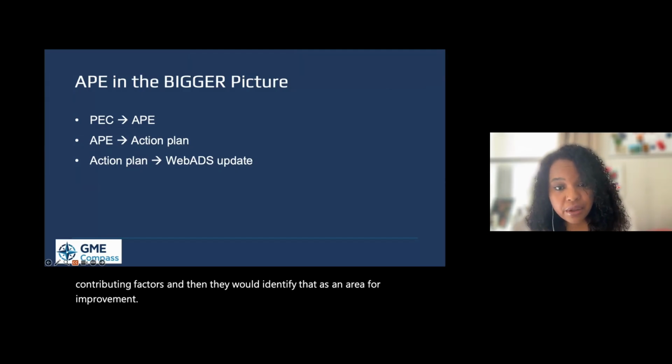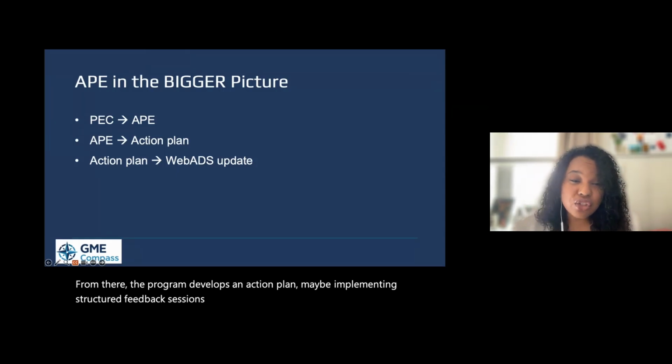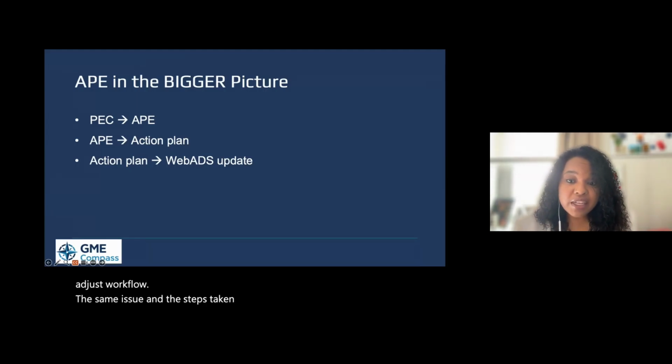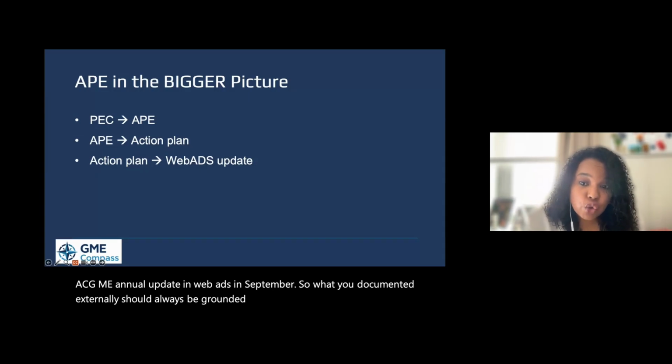From there, the program develops an action plan, maybe implementing structured feedback sessions or working with clinical administration to adjust workflow. The same issue and the steps taken to address it are then reflected in the ACGME annual update in WebADS in September. So what you document externally should always be grounded in what you're actually doing in the work that you're doing internally.